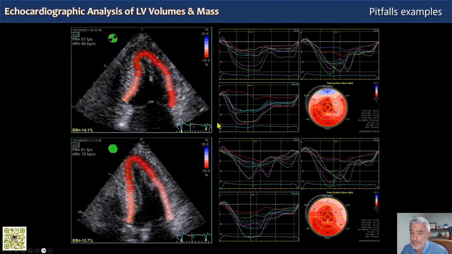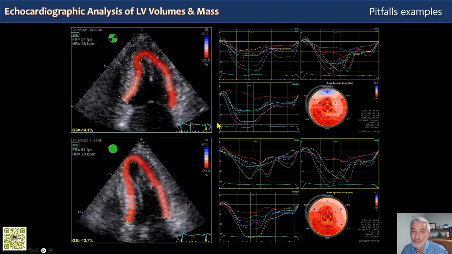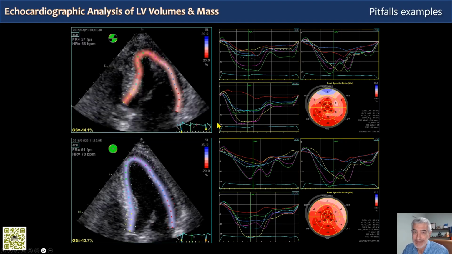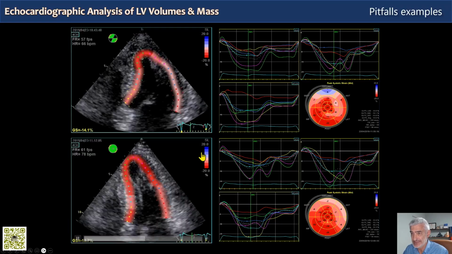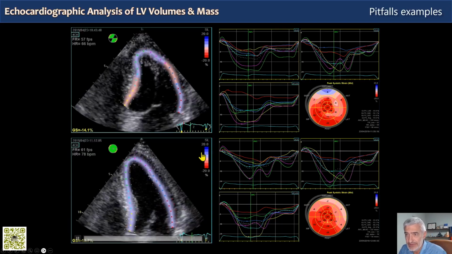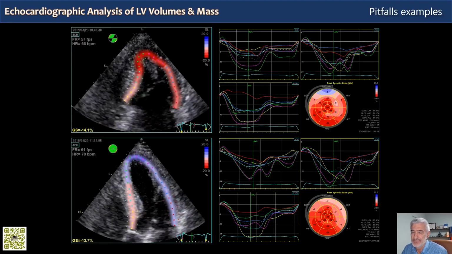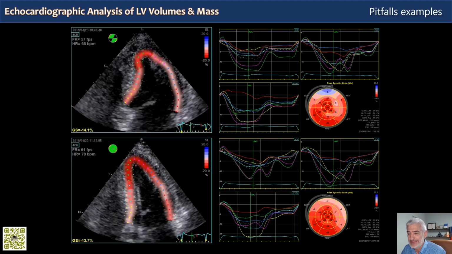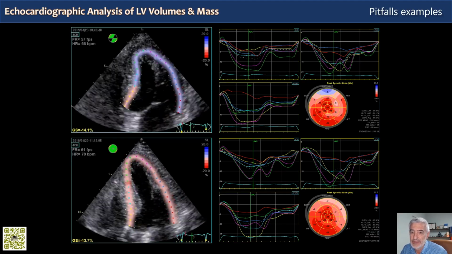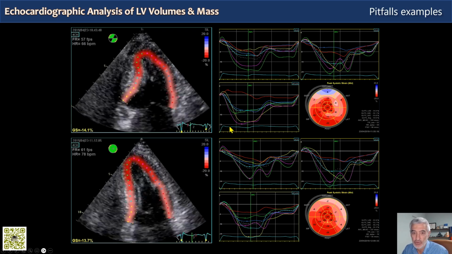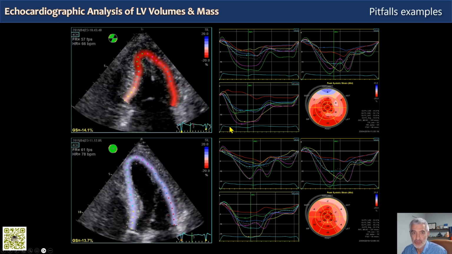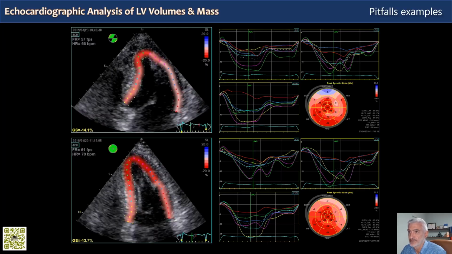Obviously, an incorrect geometry will also influence all derived analysis, just as this one. This is left ventricular longitudinal strain. In this case, it's not so much the mean strain value that is altered, but rather the evaluation of the segmental curves, so the regional strain function.